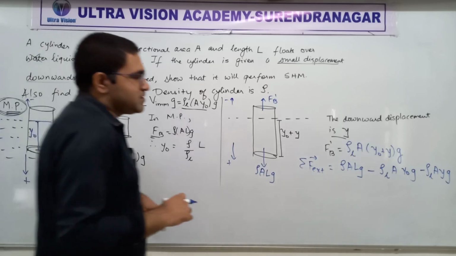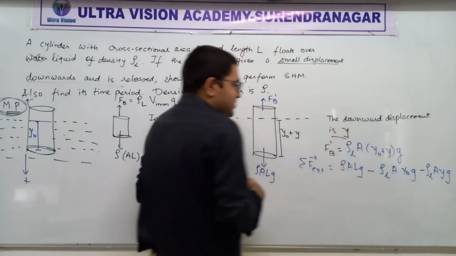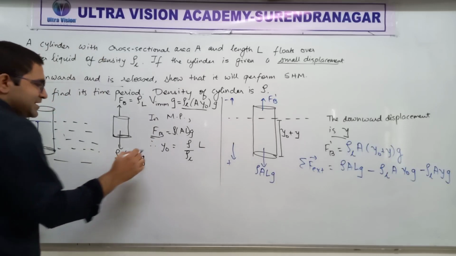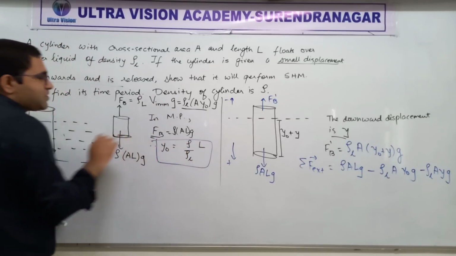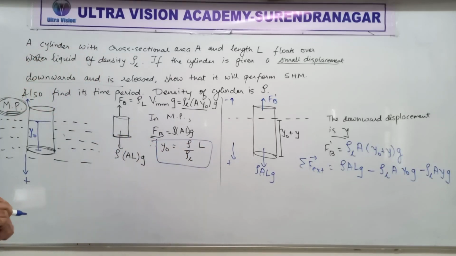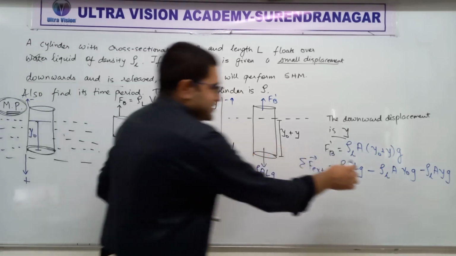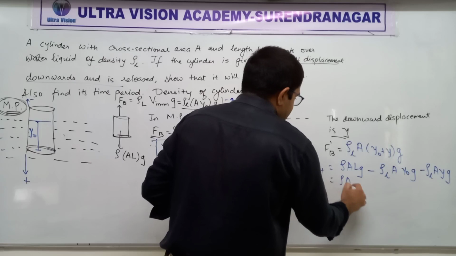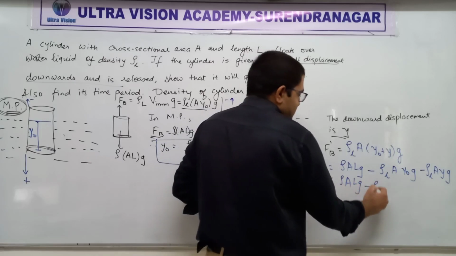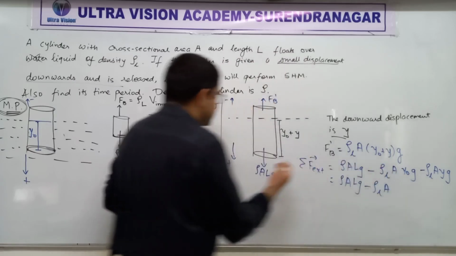Now you see this looks very complicated, but it's not. Use this relation that we have got. If I use it in the second term, obviously there is no other scope, we just have to use it in the second term. What is y0?